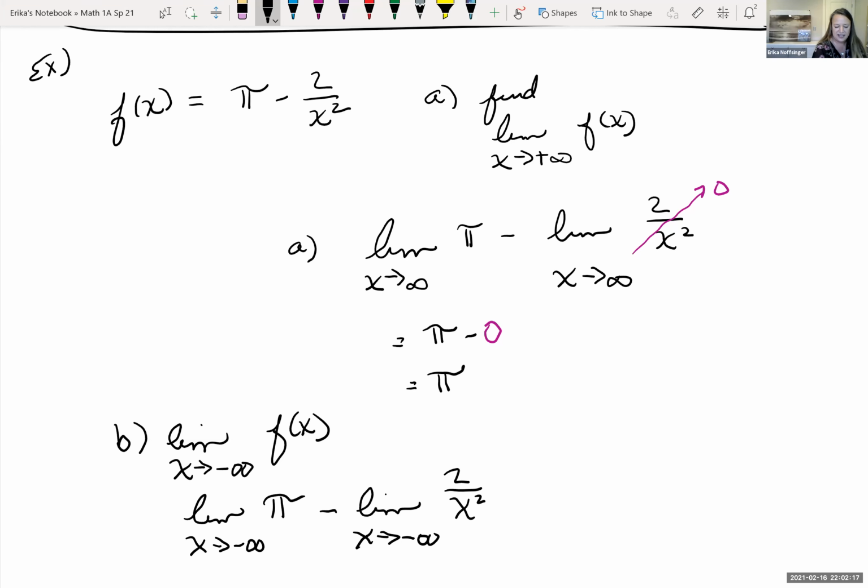If I take negative infinity and square it, that's in the denominator, it's blowing up rapidly. Even if that was a cubic or whatever, it would be approaching 0, but it would be negative numbers getting closer and closer to 0. But it's okay because either way, they're both going towards 0. And so again, we get pi minus 0, which is pi.